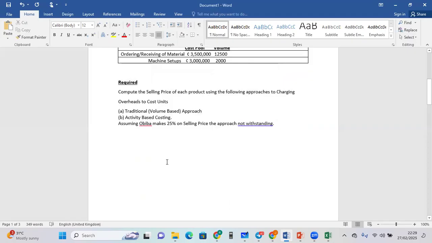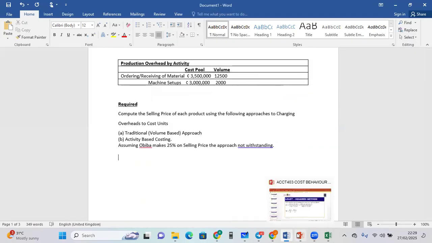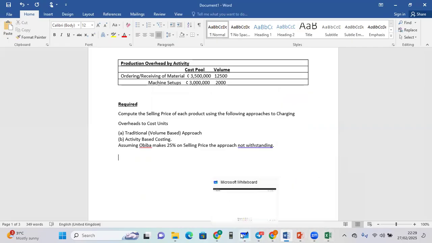All right, so let's start with this one. With this one, we are going to start with overhead. So I will be using, as usual, Excel and Microsoft system.